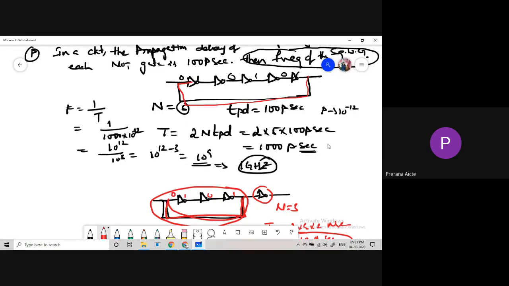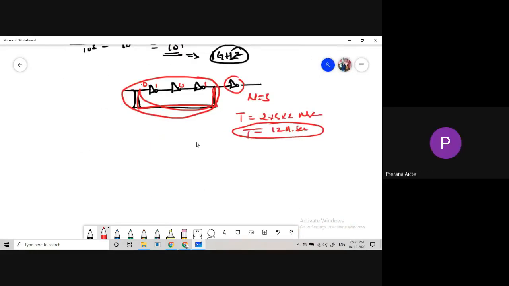But coming to this question, it consists of only 3 NOT gates. So in the square wave generator we are using only 3 NOT gates. Please don't include this one. So totally the answer is 12 nanoseconds. Super.